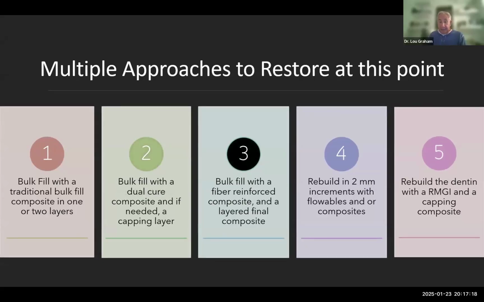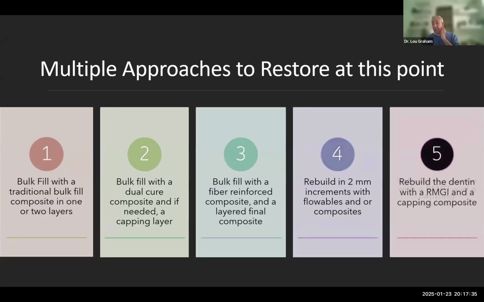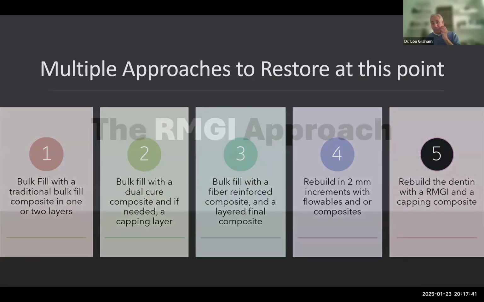GC America now makes a bulk fill fiber reinforced composite that you cap with a layering composite. You could rebuild this with 2 millimeters of flowable composites or warm composite, in increments. Or you could rebuild the dentin with an RMGI and a capping composite. And that's what we did here.